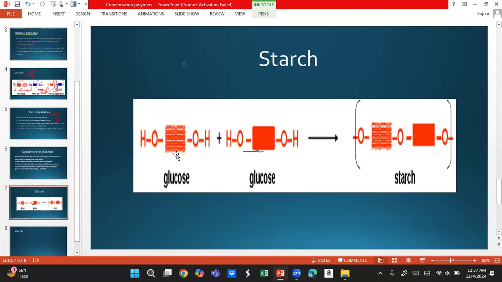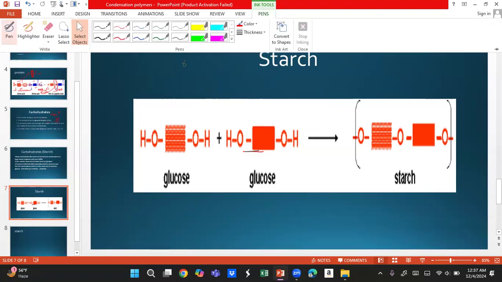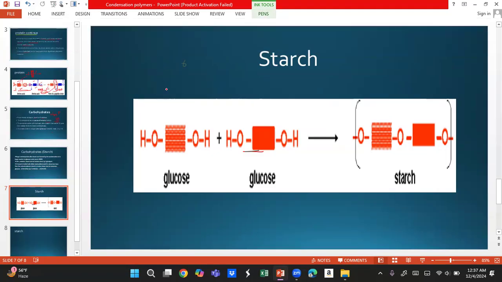Okay, this is one glucose molecule. As I told you earlier, glucose molecule has formula C6H12O6. So in addition to one oxygen here and hydrogen here, one hydrogen here, oxygen here, all of the atoms are hidden in this box.